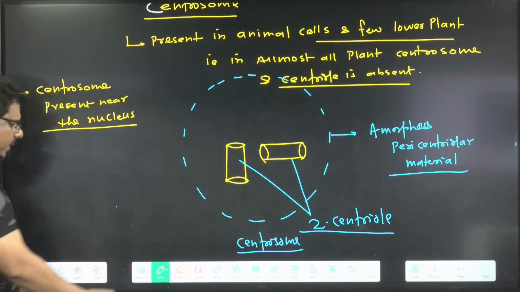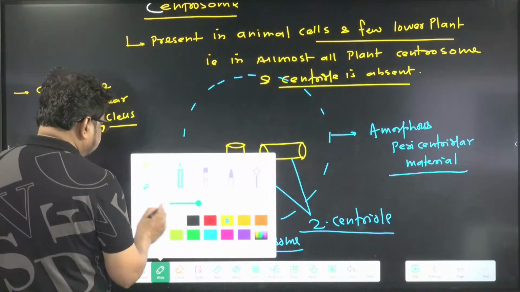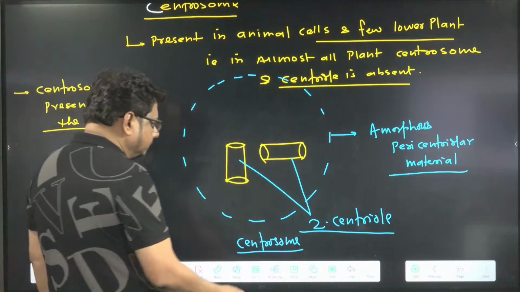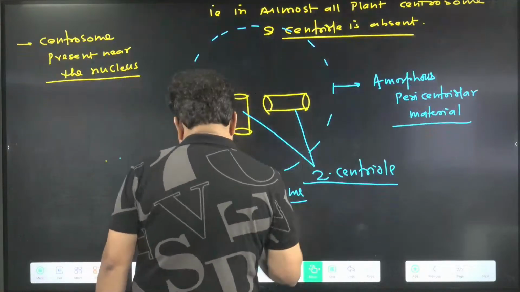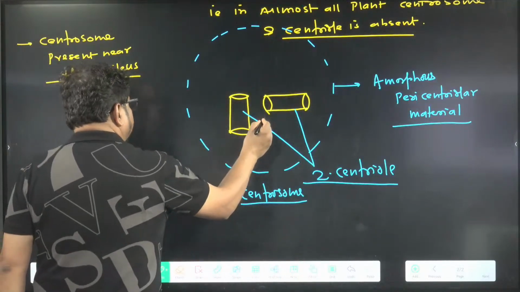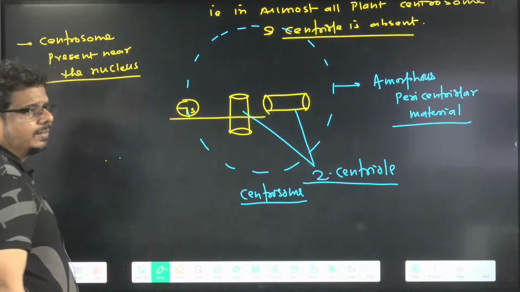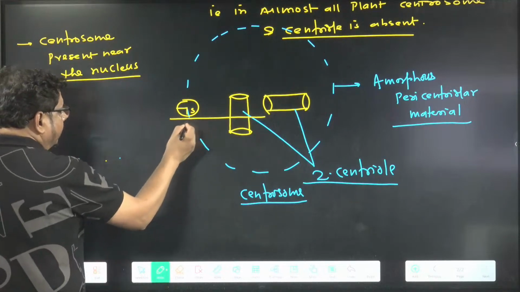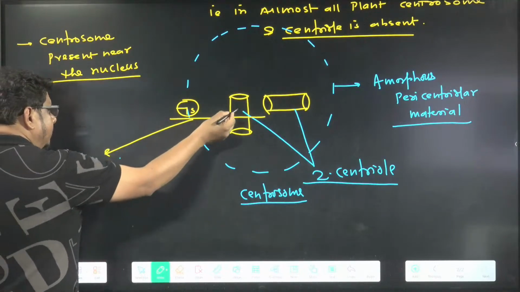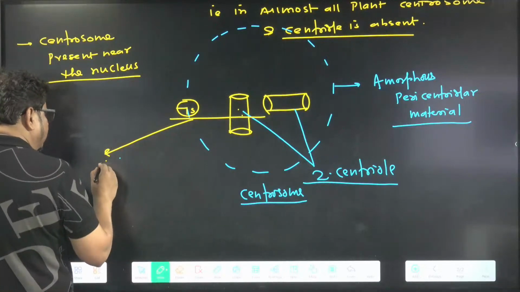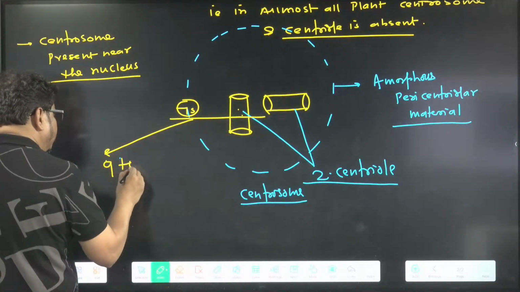Now if we go for the ultrastructure of a centriole. If we go for a transverse section, TS of a centriole, we take one centriole and cut the TS. So we get a 9 plus 0 arrangement.